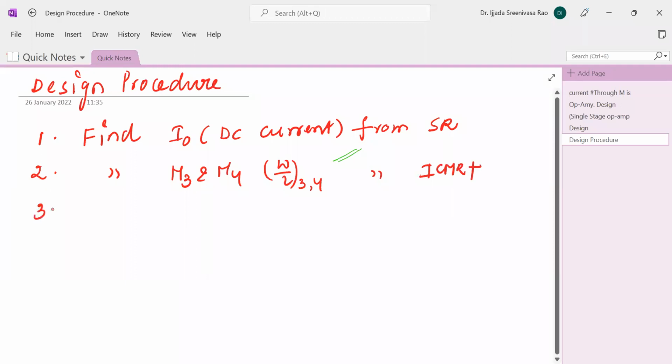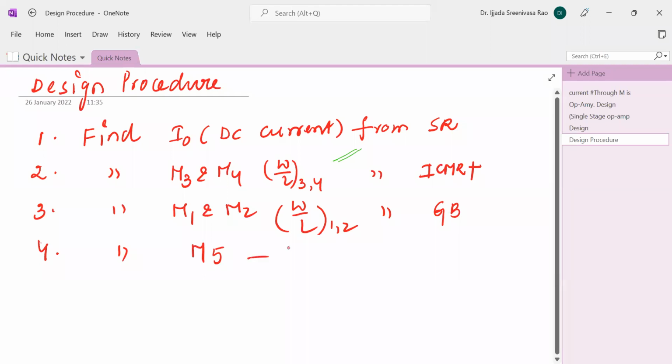And the third step is find the M1 and M2 W by L ratios from the gain bandwidth product. The fourth step is find the M5 W by L ratio from the minimum ICMR value.